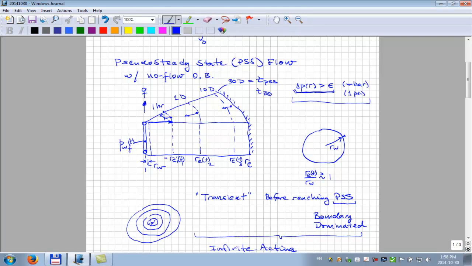You may not see it, but it is. Essentially linear flow. And that is the asymptotic solution at 0 time. It's linear flow. Square root of time, linear flow.